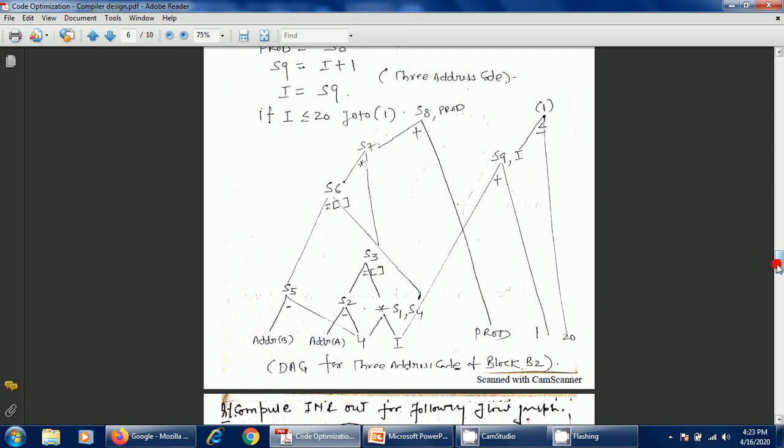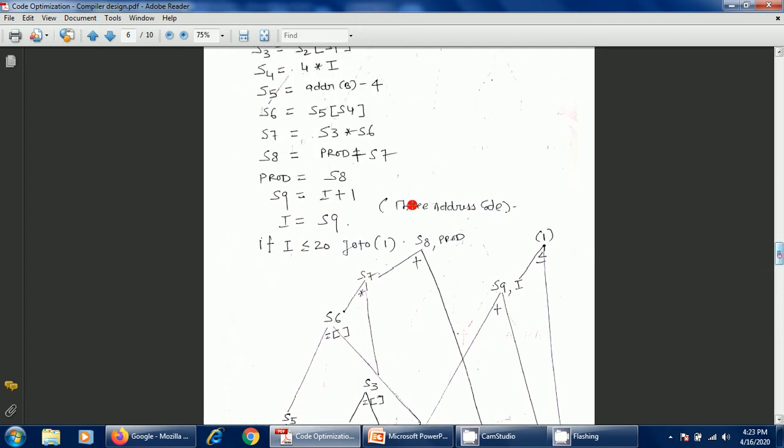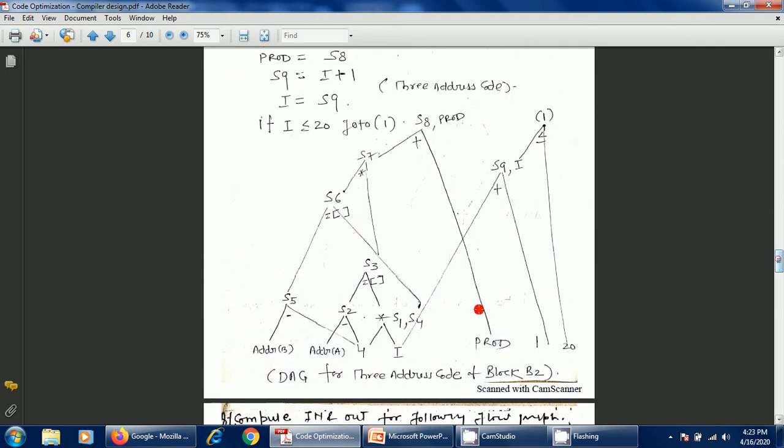Okay, now see S7 equal to S3 into S6. S3 and S6 are the operands, and 7 is labeled with operator symbol star. 3 into 6 is stored in 7.